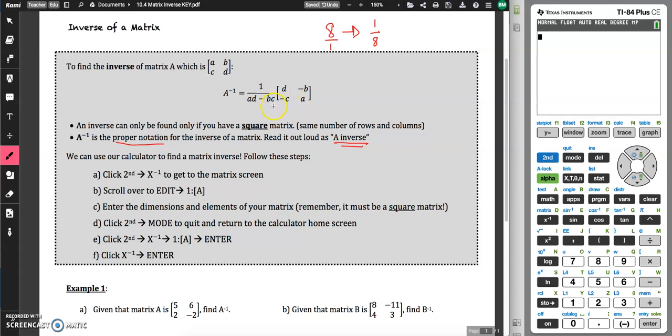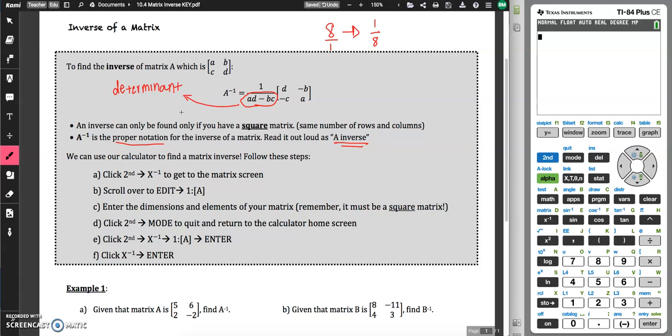Now we're not going to do it by hand, so I'm not going to get too much into that. The one thing I will point out, kind of a side note, this little calculation down here, it's called the determinant. Now, again, if we were doing it by hand, we would talk a lot more about that, and if we had time to do a few other applications, we would talk about what that number means.